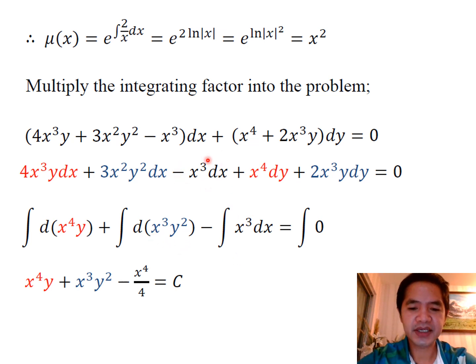And this one is a function of x only, you can do the integration. So after integration, we get x to the fourth y plus x to the third y squared minus x to the fourth over 4 equal to a constant. So this is the final result.